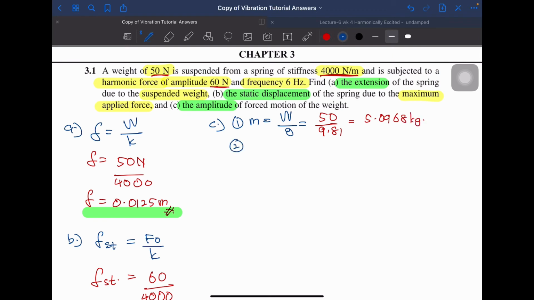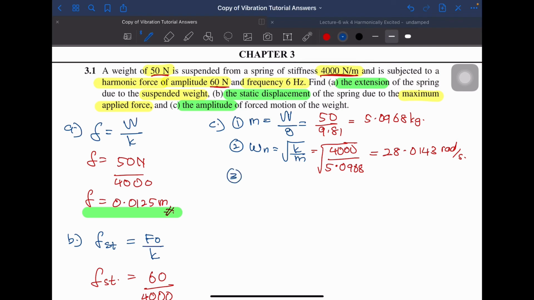The next step is to find your omega n, which equals the square root of K over M. Your stiffness is 4000 and your mass is 5.0968, which gives your omega n to be 28.0143 radian per second.